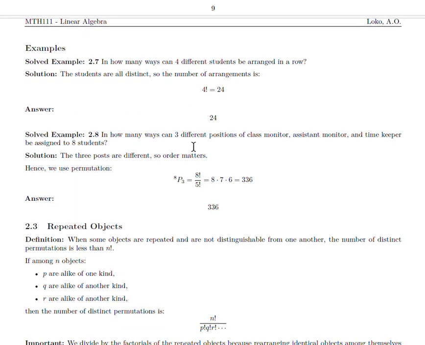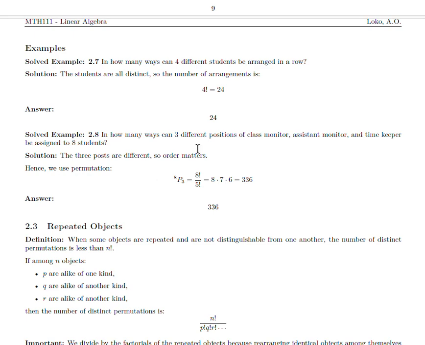In how many ways can 3 different positions of class monitor, assistant monitor, and timekeeper be assigned to 8 students? So we have 3 positions. We want to see the way we can shuffle it among 8 students. 3 posts are different, they are distinct, so order matters, hence we use permutation.